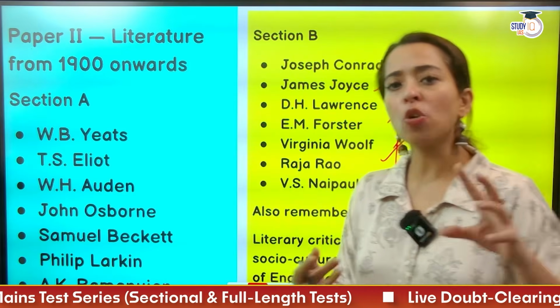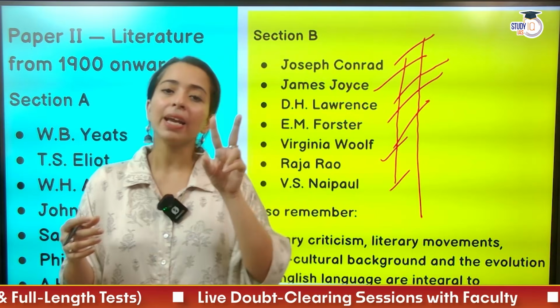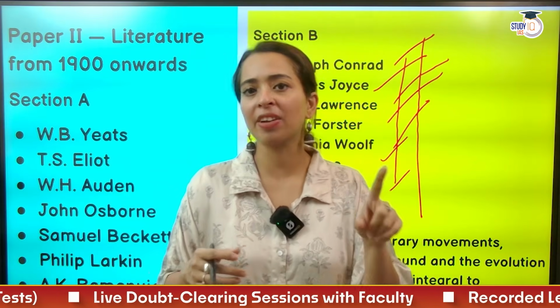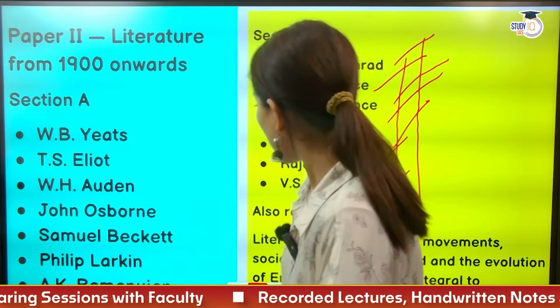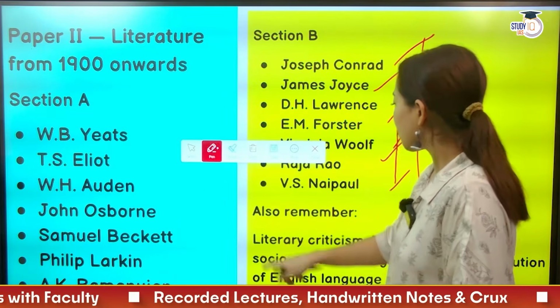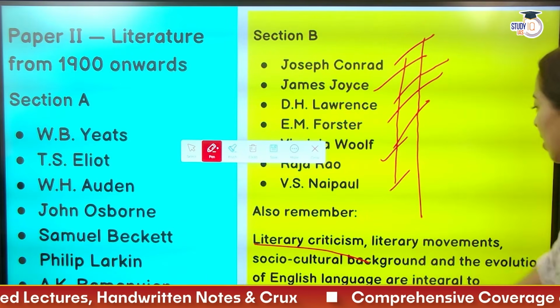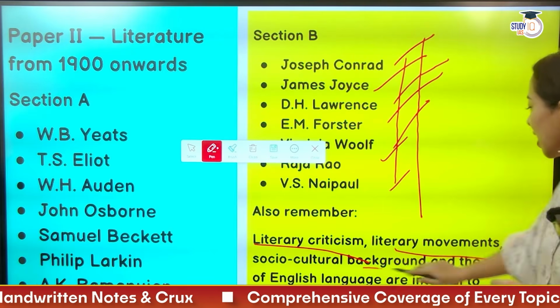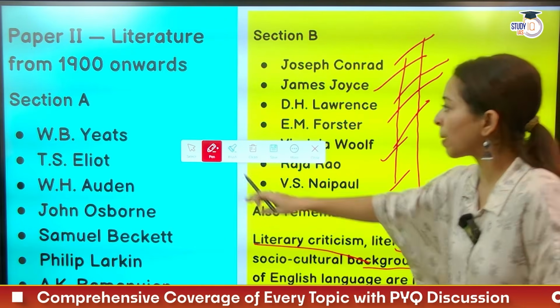All right, so that is also a consideration, that you have just 2 Indian English writers in your text. One is A.K. Ramanujan and one is Raja Rao, which you need to be very thorough with. All right. So apart from this, literary criticism also needs to be studied. Literary movements, socio-cultural background, the evolution of the English language, all are integral to your preparation.